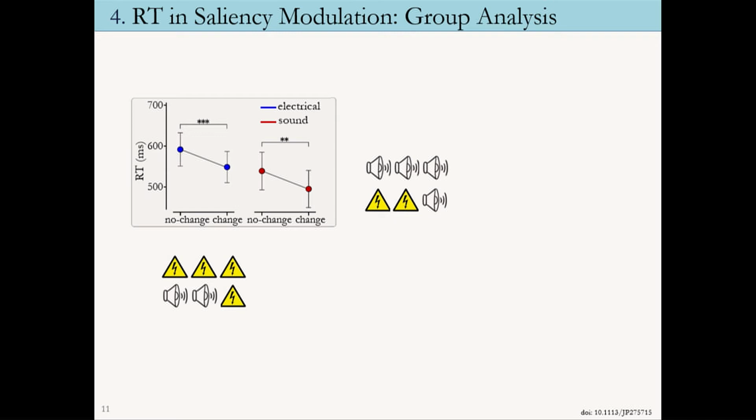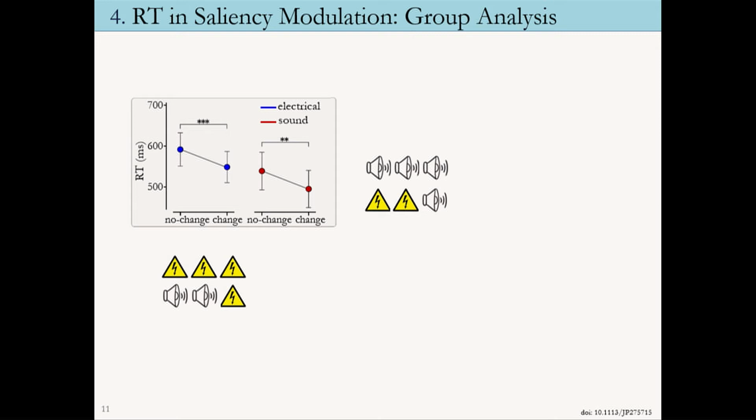And what we see is that when we have a change in the modality, when the last stimulus is presented within a different context, our participants become faster. So this is a shorter reaction time, and this is a shorter reaction time relative to the first condition.